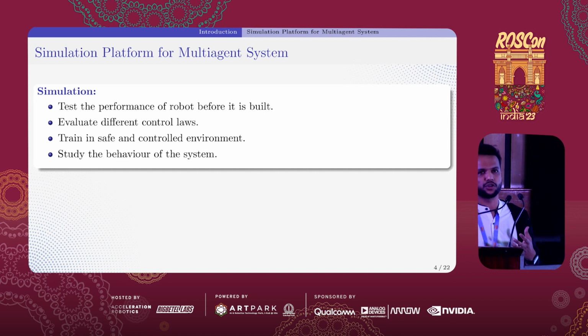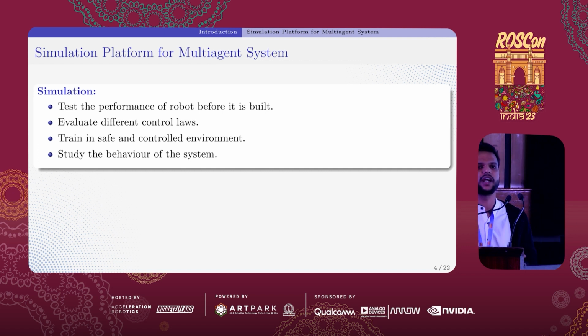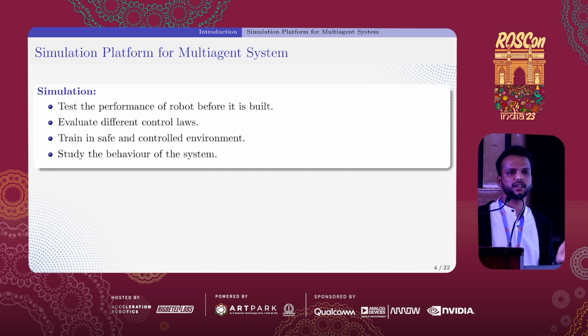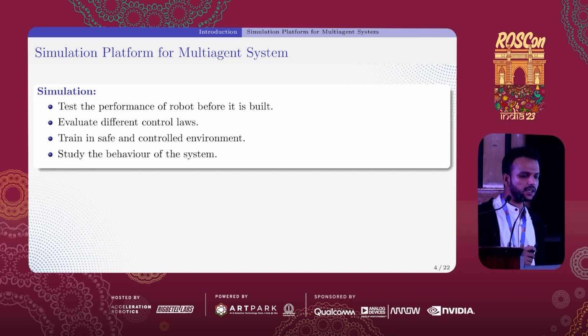We can evaluate the different control laws which we have developed for our system. And for training purposes, as AI-based systems are getting richer, simulation is the best platform to train in a safe, hazard-free environment, and also to study how our model behaves.